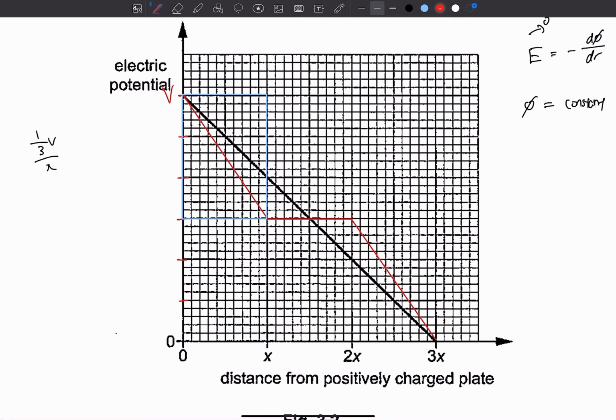And the gradient for the red line would be 1/2 of V over X. So we can tell that the gradient for the red line is steeper. We can find the difference in electrical field strength by comparing how much larger the red line's gradient is compared to the black line.